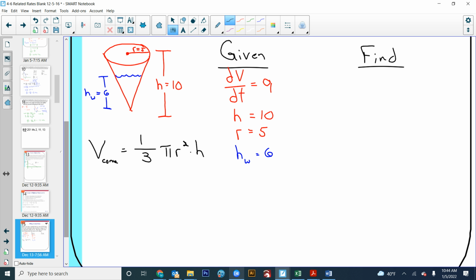So can I write r as a function of h? r equals something times h. Is there a relationship between the radius of the water and the height of the water at any given time? Do they have a constant or predictable relationship that we could model with an equation?